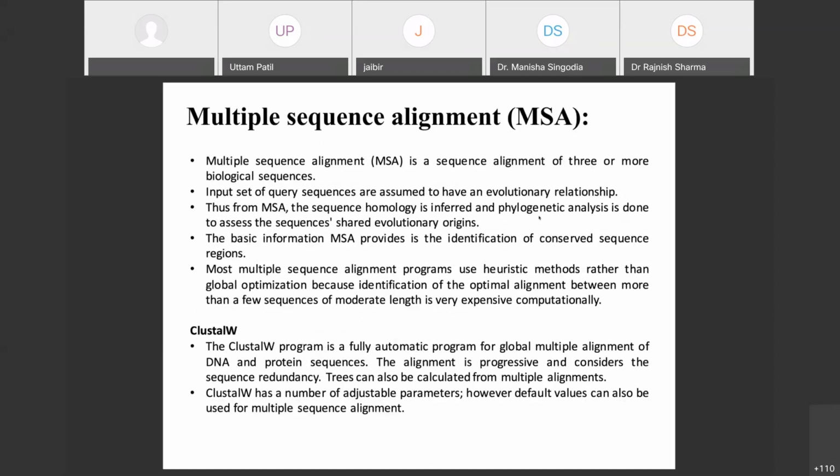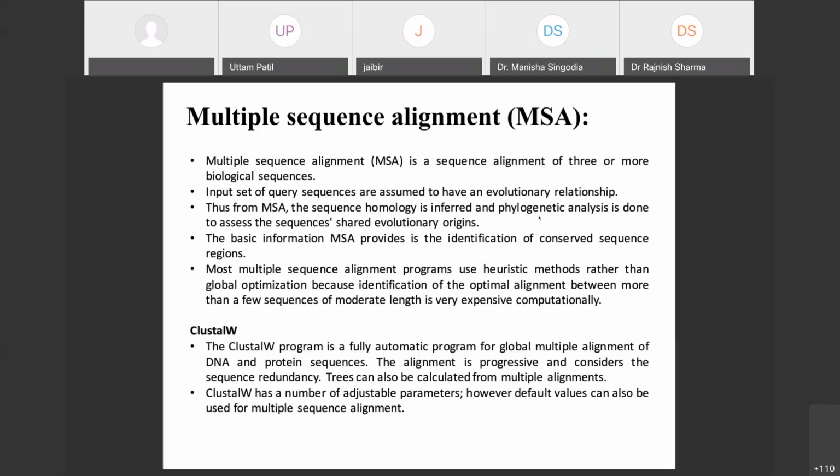Now you have an input set of query sequences which are assumed to have an evolutionary relationship. So from MSA, you can infer sequence homology, and phylogenetic analysis can be done to assess shared evolutionary origins. So multiple sequence alignment is very, very important. It can give you a lot of good information.